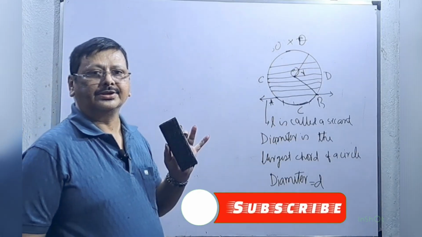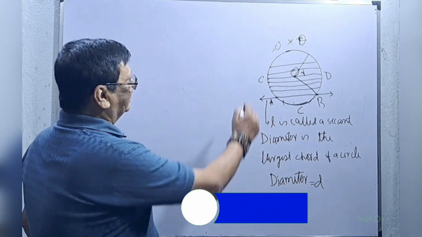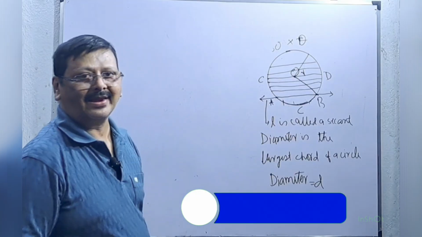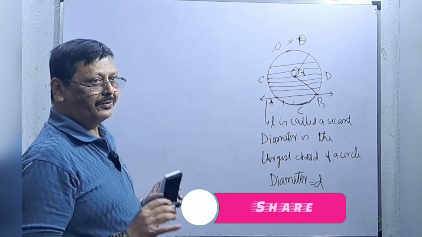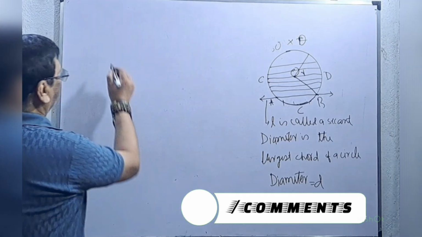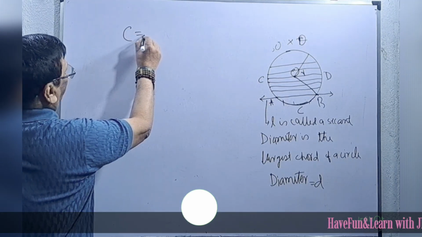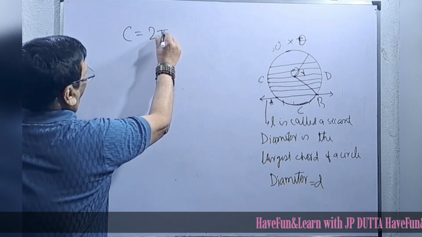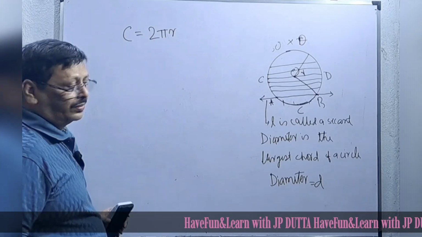Okay, let's find. Now the circumference of a circle is the fencing, the black line. So when you try to find out the circumference of a circle, it's given by C is equal to twice pi r, right?